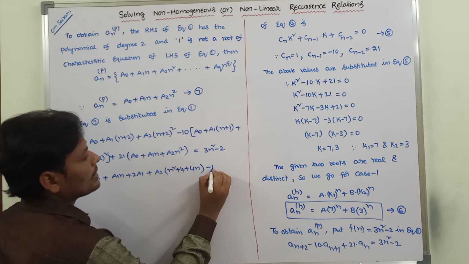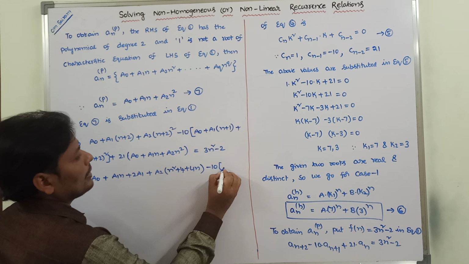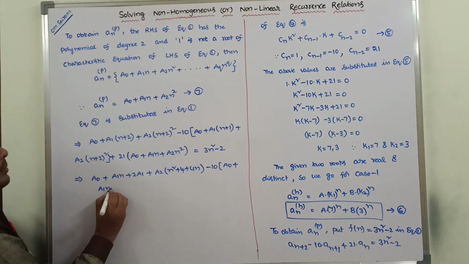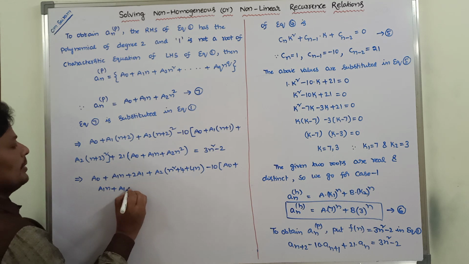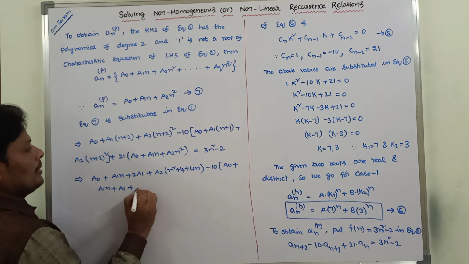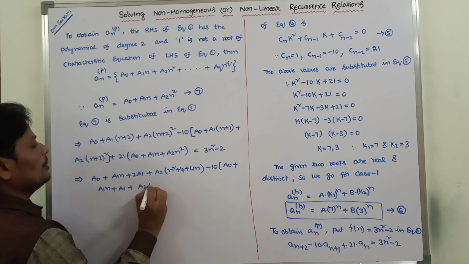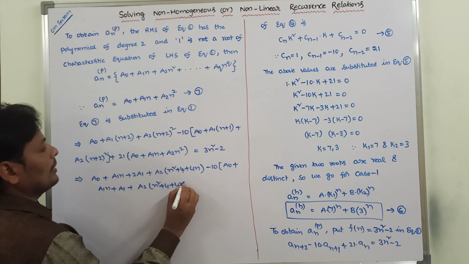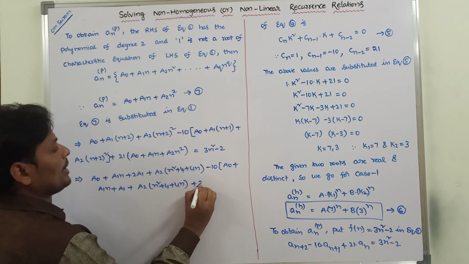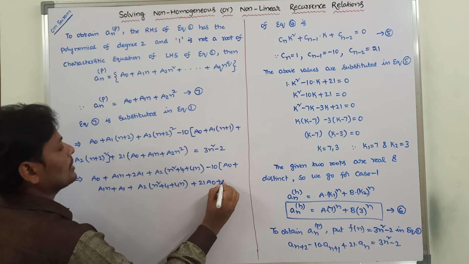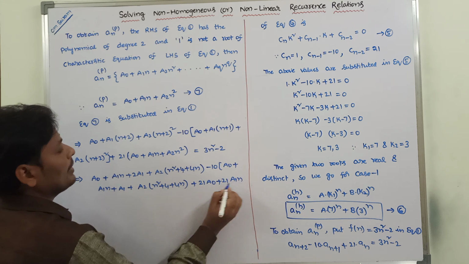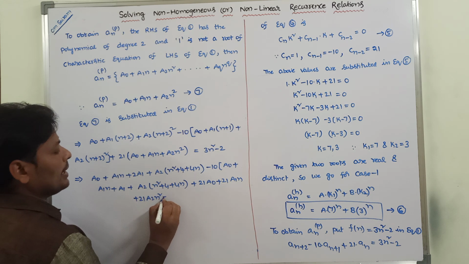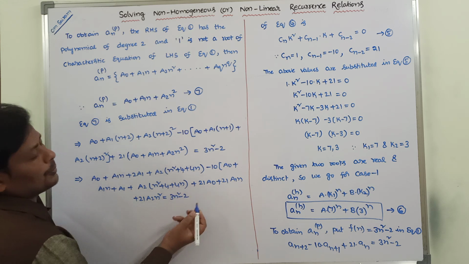Next one, minus a0 plus a1 n plus a1 plus a2 into n square plus 4 plus 4n. Next, 21 a0 plus 21 a1 n plus 21 a2 n square is equal to 3n square minus 2.